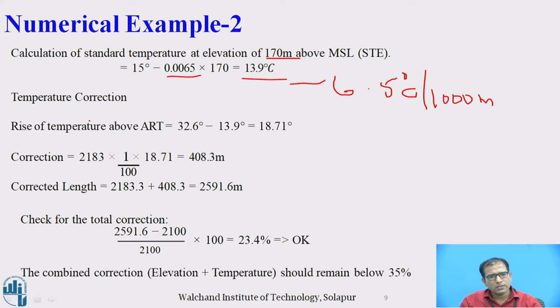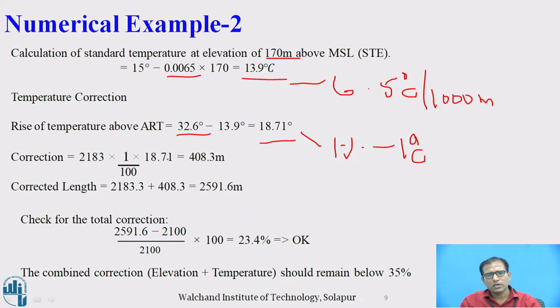Now for the temperature correction, you have to calculate the rise of temperature above ART, the airport reference temperature. The airport reference temperature is given as 32.6 minus this 13.9, that comes to 18.71. That is the rise of the temperature. For this, we apply 1% for 1 degree rise in the airport reference temperature.